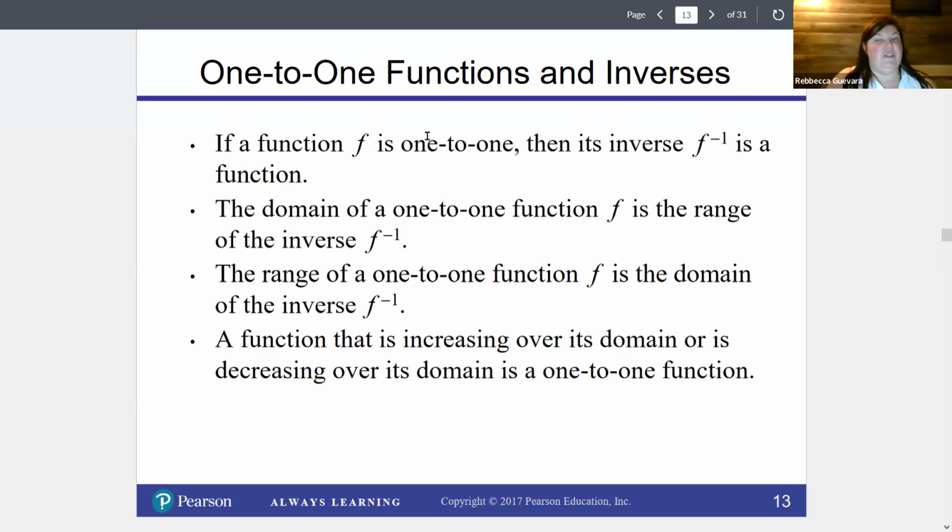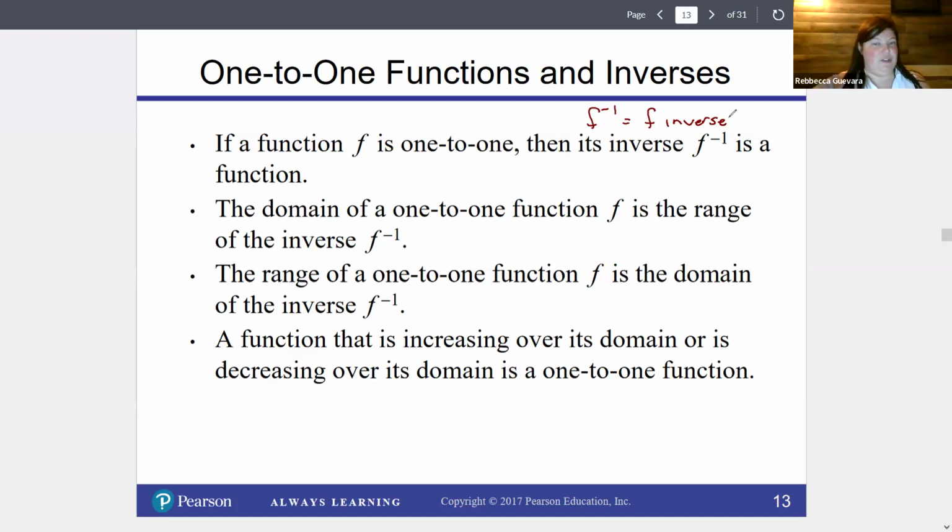If a function f is one-to-one, then its inverse, f inverse, is a function. The domain of a one-to-one function f is the range of the inverse function.